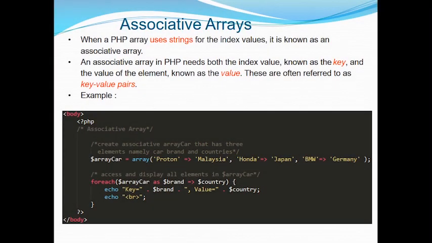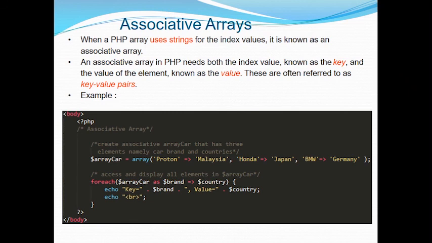In PHP, you can create what is called an associative array. When a PHP array uses strings to represent the index of the array, then it is called an associative array. Originally, the index of the array normally is in the form of numbers, as I mentioned to you earlier in the previous slide.